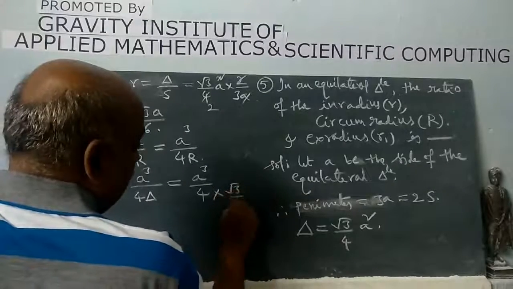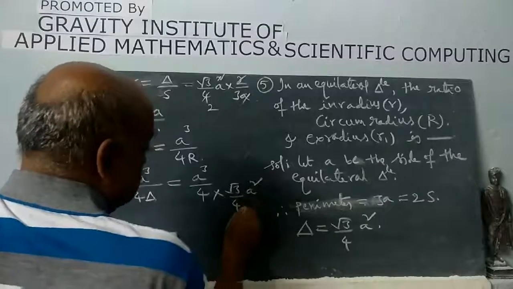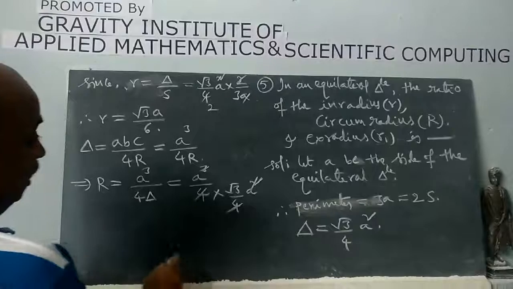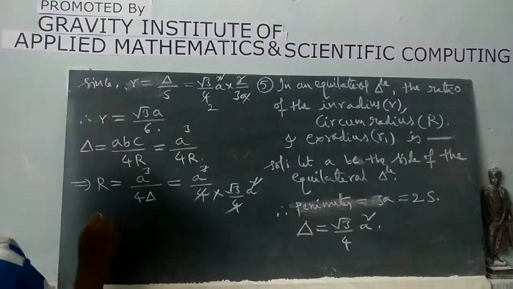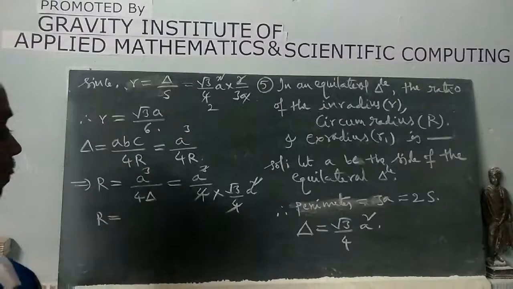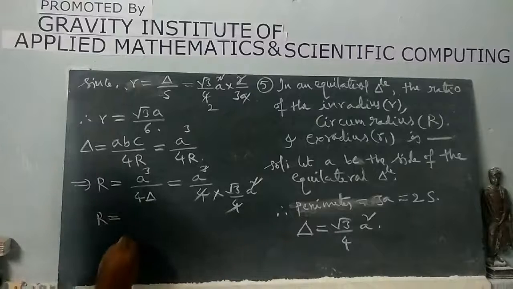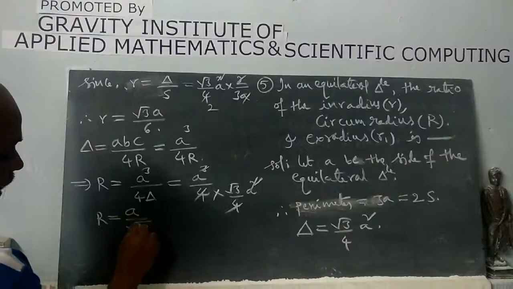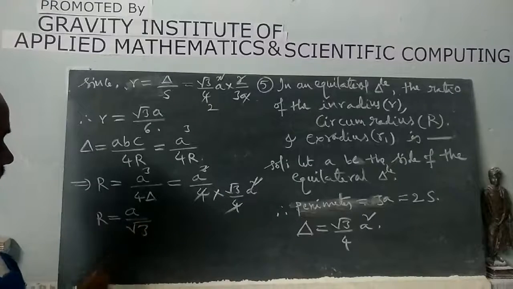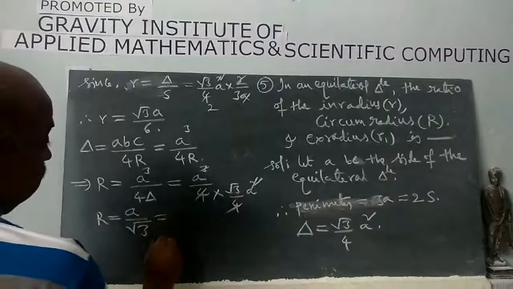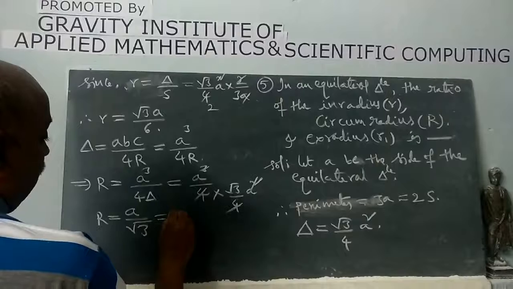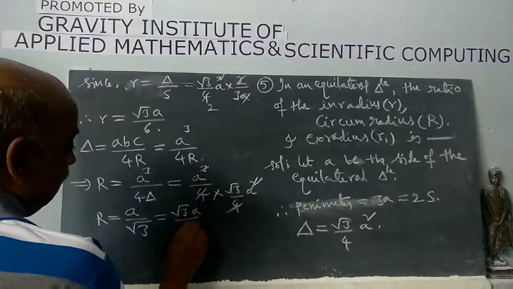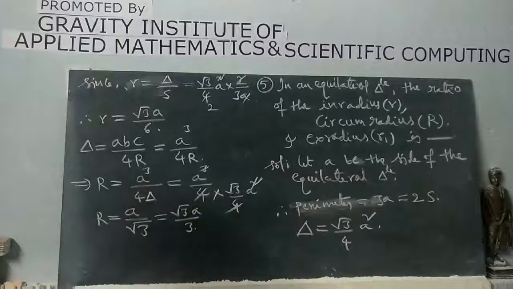The 4 gets cancelled, and again a square gets cancelled. So capital R is equal to a by root 3, which is equal to root 3 a by 3.